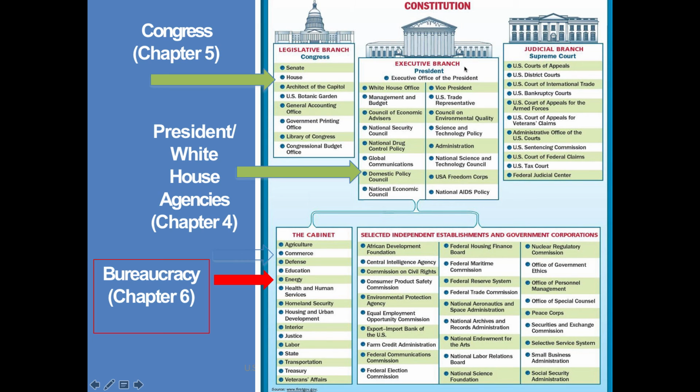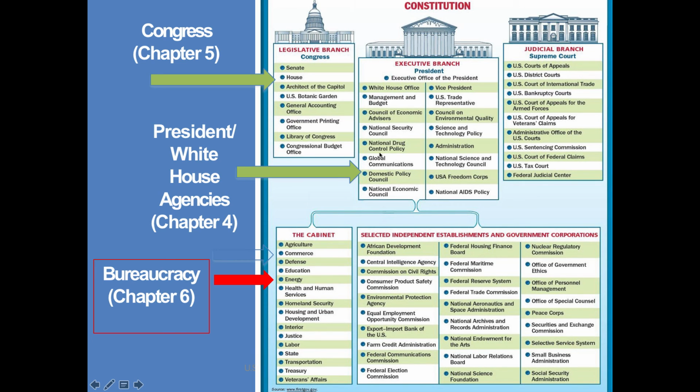But as you learned in chapter 4, these folks in the White House are critical to foreign policy. So within the White House, you have the president, the vice president, but then you have U.S. Trade Representative, National Science and Technology Council, and what you know more about right now in the news, National Security Council sits here.